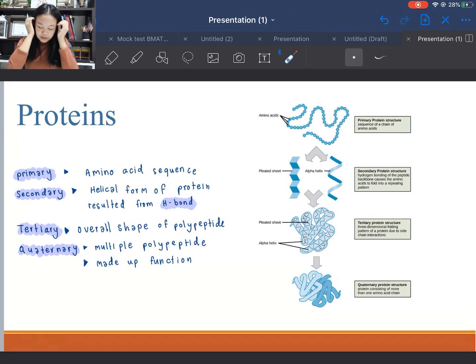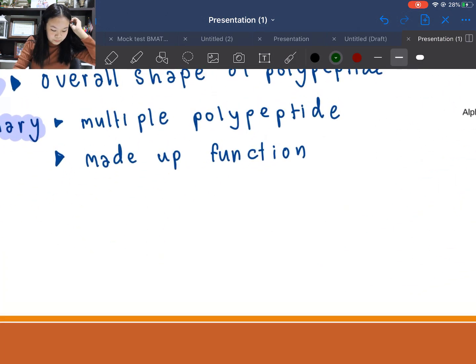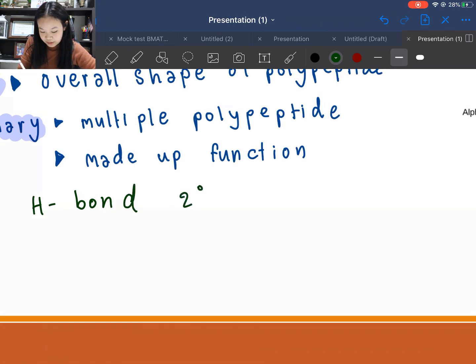So here it goes. Another fact that you might need to know in order to do SAT is that H bonds are found in secondary, tertiary, and quaternary. So these can be denatured, or destroyed, by high temperature.